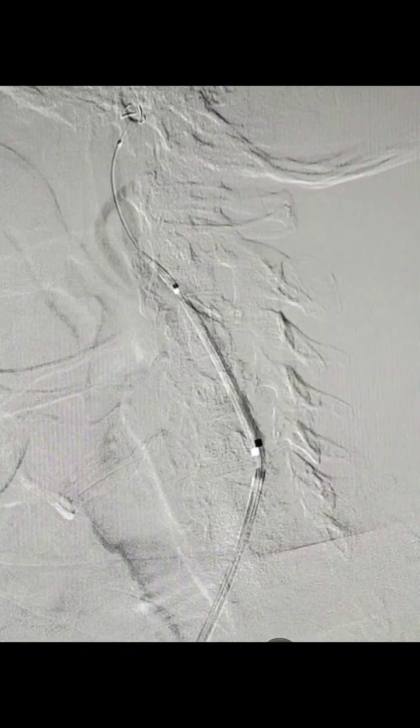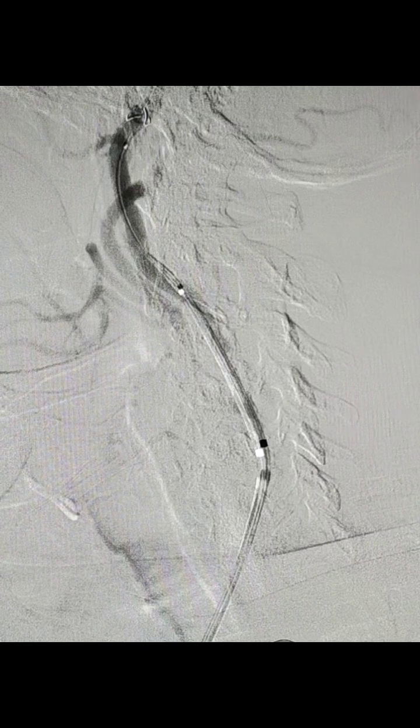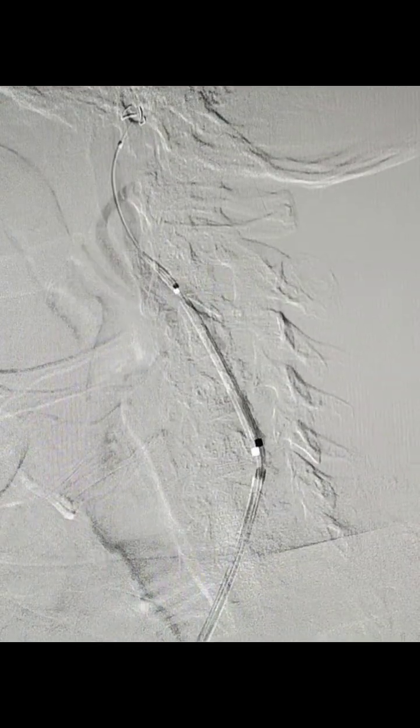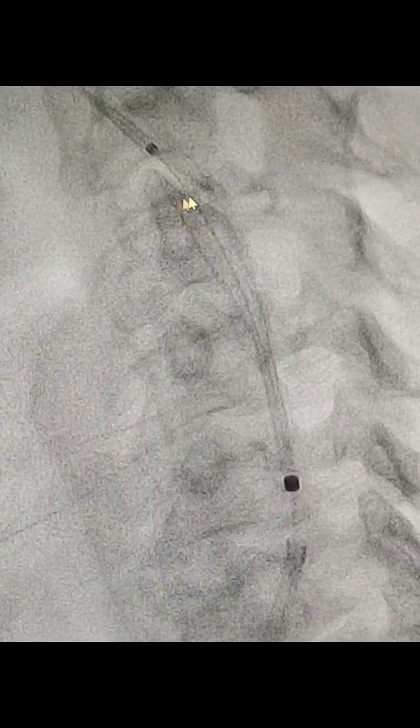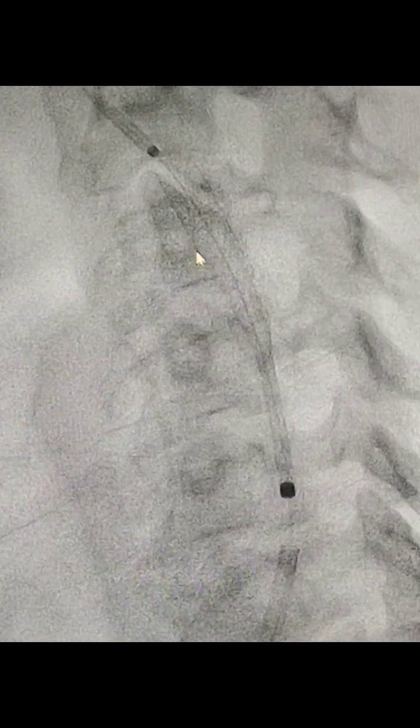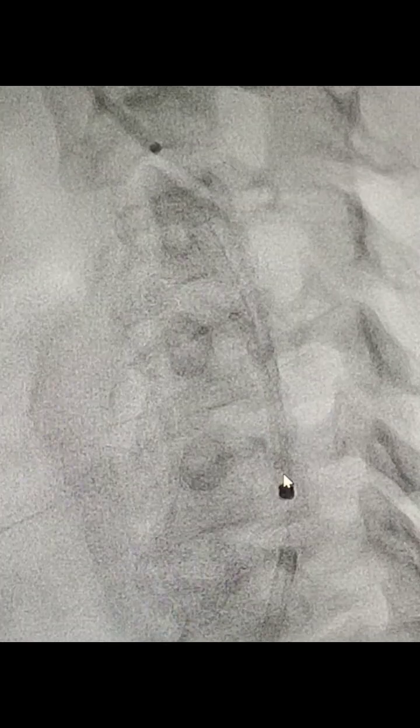The stent is being deployed. This is a self expanding stent. So you see the stent is being deployed from the distal part here and till proximal.